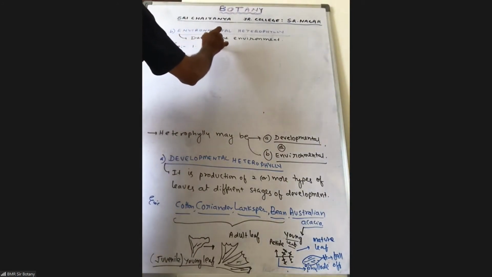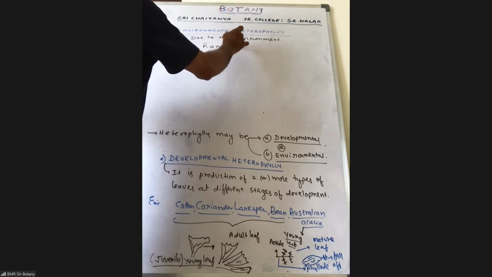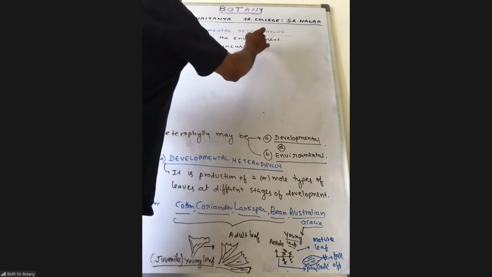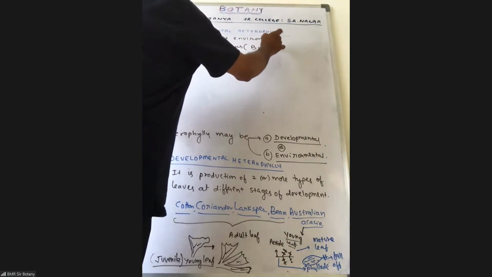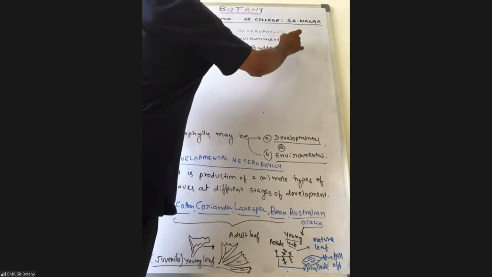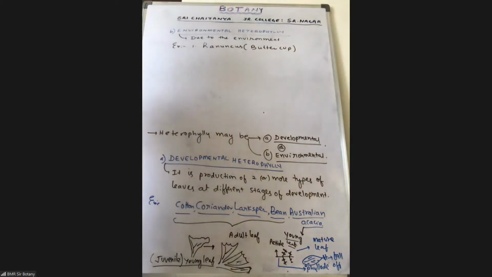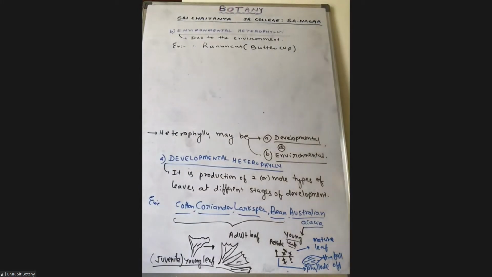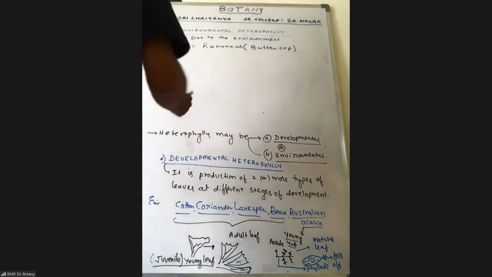Example 1: ranunculus, commonly called buttercup. For example, in first year also, Nana, in the ecology chapter, amphibious plants we were calling partly in water, partly aerial, partly submerged, partly aerial.